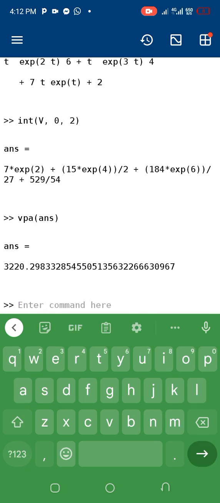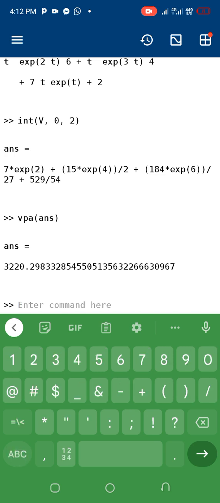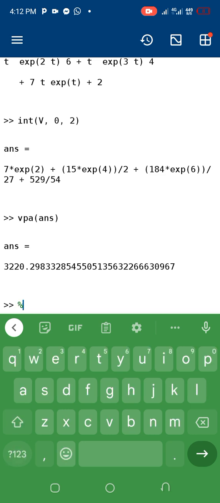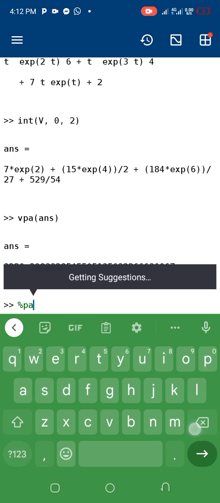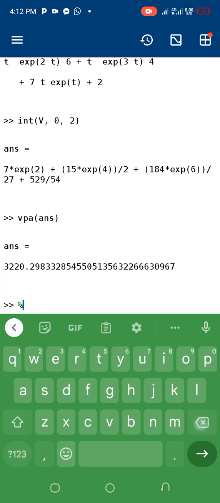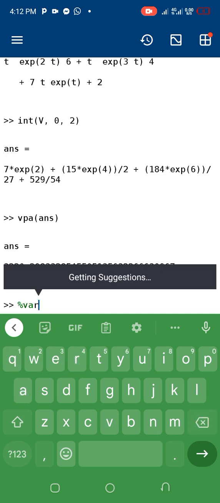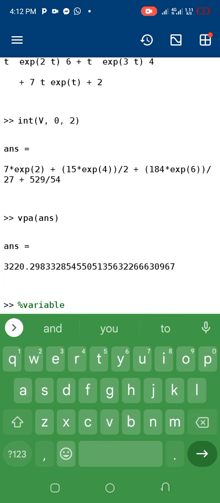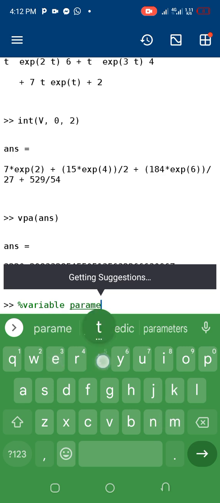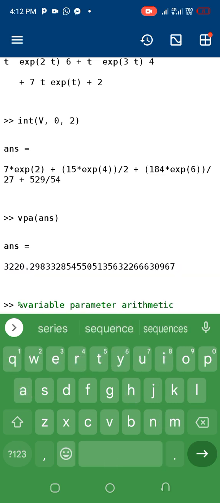So if we use the variable precision arithmetic, it gives us the answer of this particular expression.